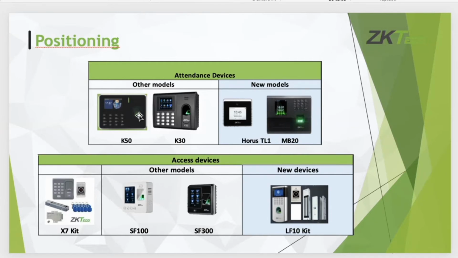But these devices are only fingerprint time and attendance devices. On the other hand, the Horus TL1, as we already introduced, has the very advanced visible light technology, and the MB20 has multi-biometric technology. It means facial recognition and also fingerprint recognition.